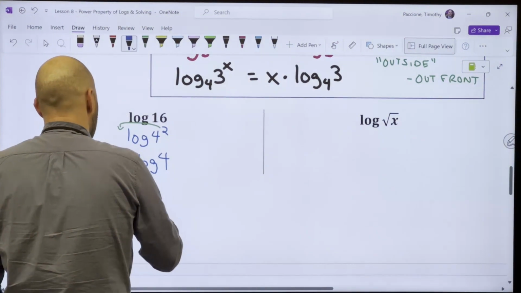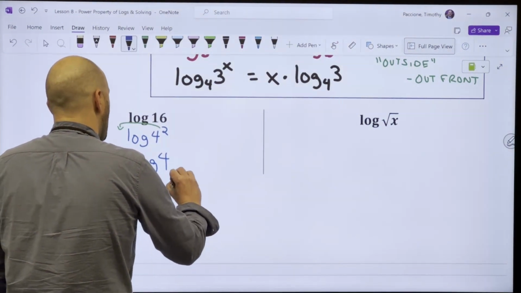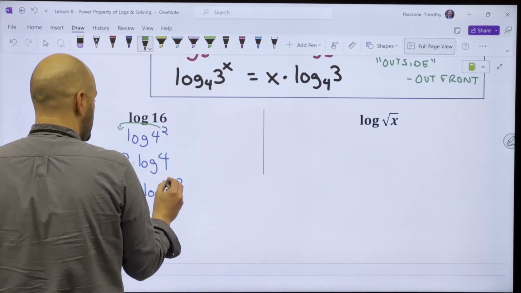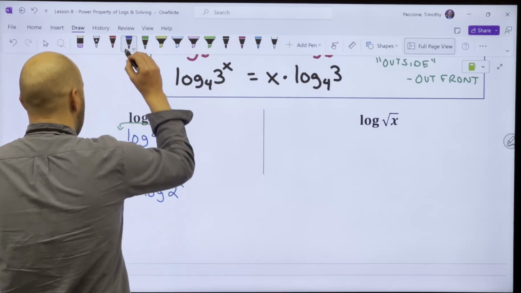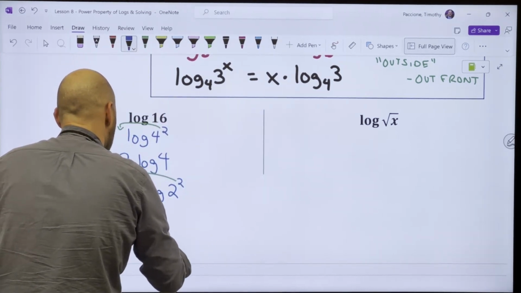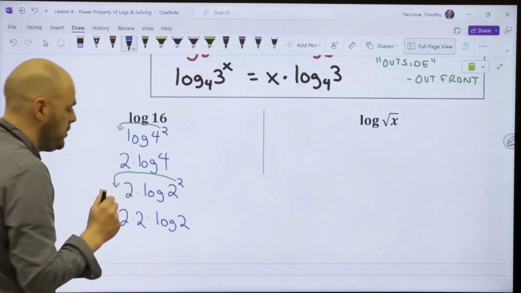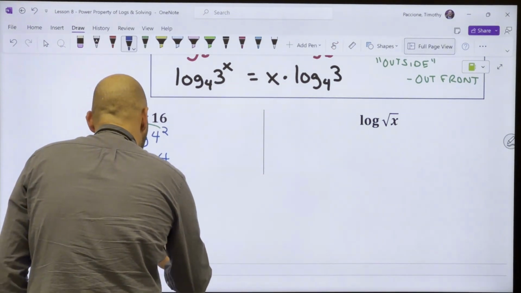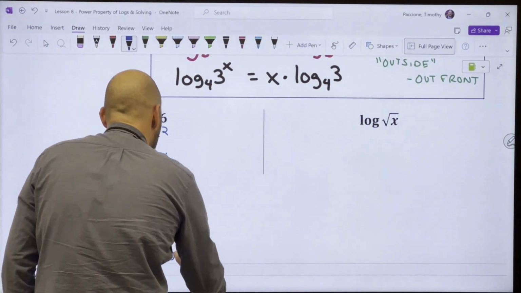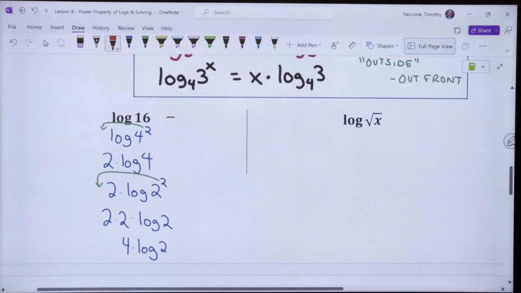So this is 2 times log, not 4, but 2 squared. Okay, a lot of 2's now, right? And where does this 2 go? Out front. But then it would be 2 times 2 times log of 2, which is 4 log of 2. Yep, which is 4 times log of 2. Now, I heard you saying something. What were you saying? We could have just started with? 2 to the power of 4. Exactly.